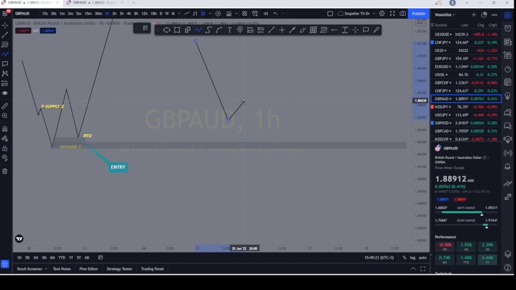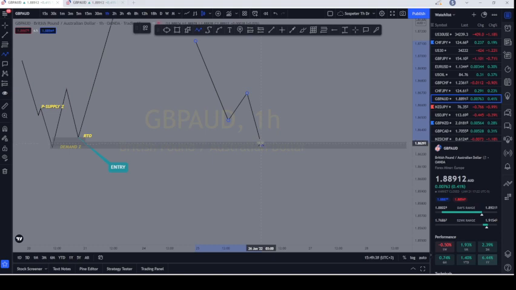If you look at it on the left side, usually there is a fake out before your zone, your point of interest. I usually wait for a low to be formed, and then it forms a high, and then a lower low is formed in the POI. So that's what I look at.